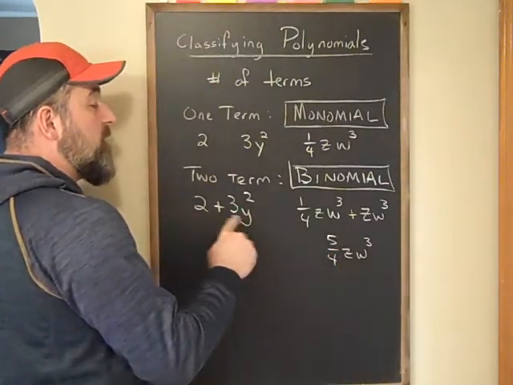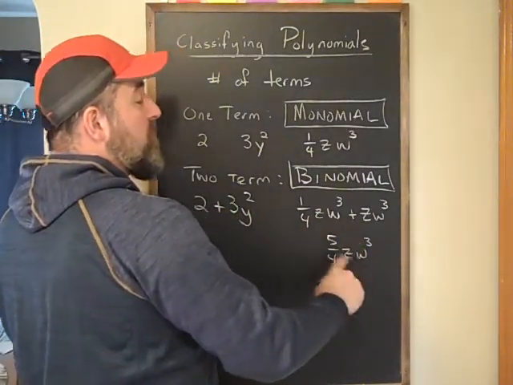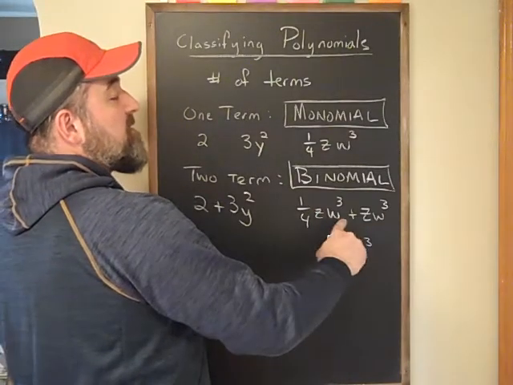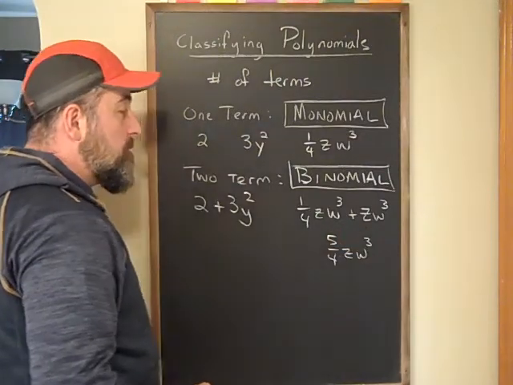So this is a binomial because we have 2 terms that can't be simplified. This is not a binomial because those 2 terms can be simplified to be 1 term. So this in essence is a monomial in disguise, that being the monomial right there.